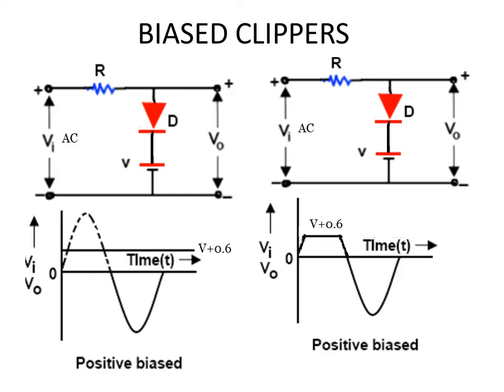When you draw this type of output, you have to keep in mind that only the waveform above a particular level is removed, but the rest of the portion must retain its shape. You just cut it from a particular level, and whatever shape is below in the input should be exactly reproduced in the output. So this is a good idea to make a clipping level at a required value.